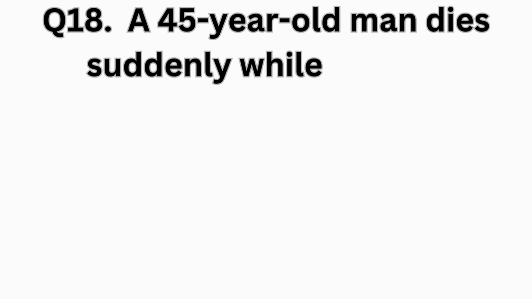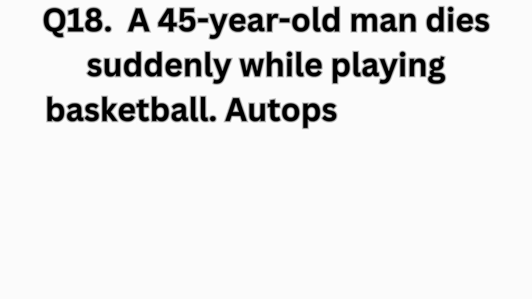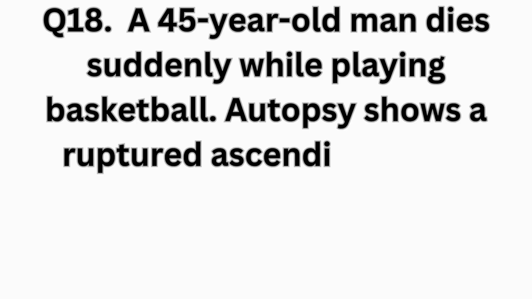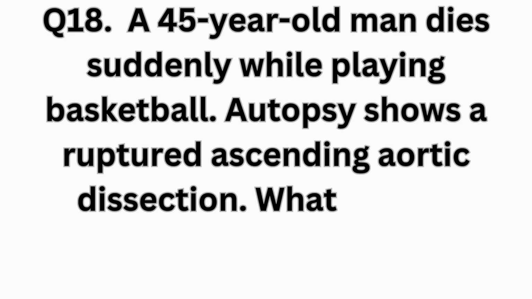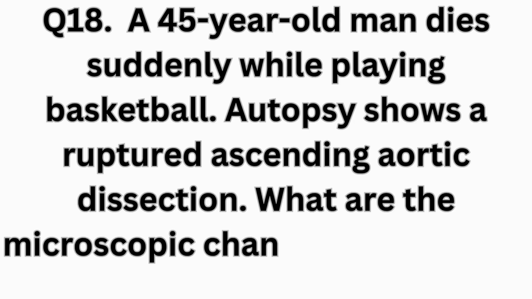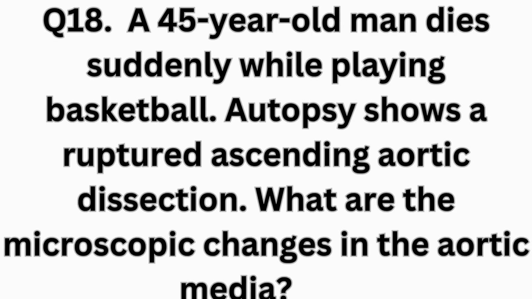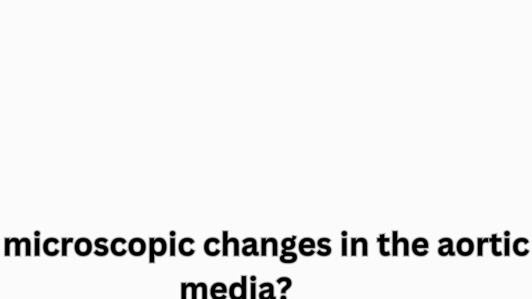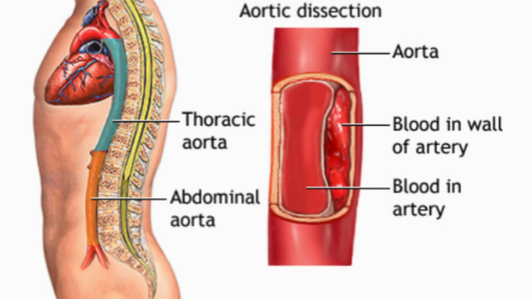Question 18. A 45-year-old man dies suddenly while playing basketball. Autopsy shows a ruptured ascending aortic dissection. What are the microscopic changes in the aortic media? You may pause the video now and share the microscopic changes in the comment section. Here comes the answer.